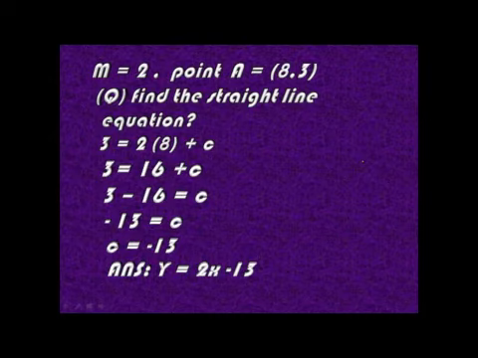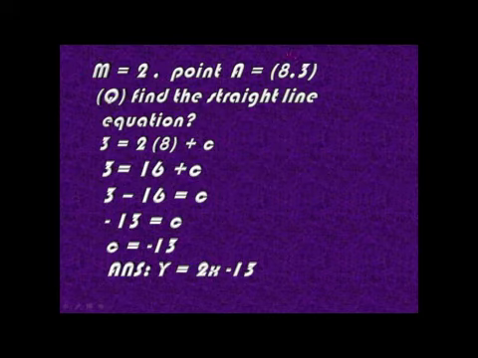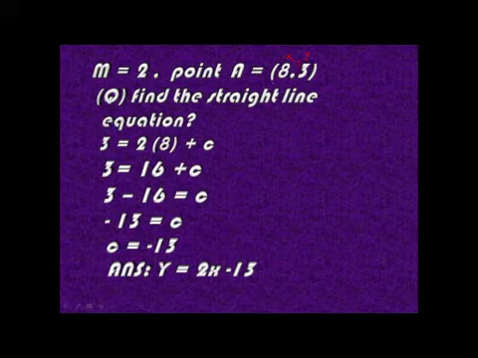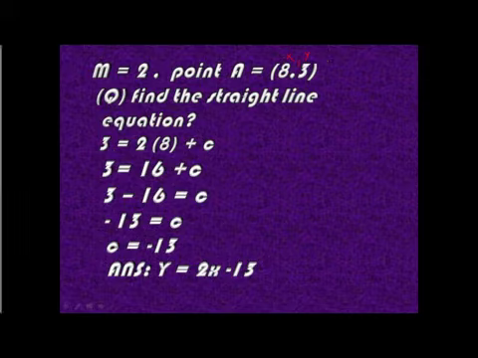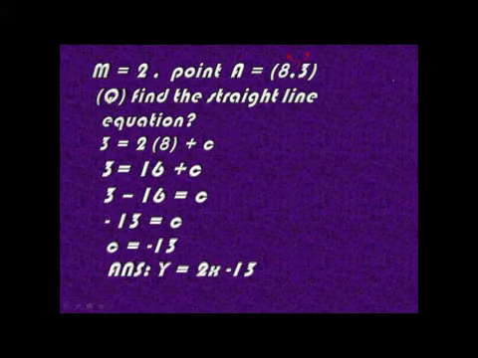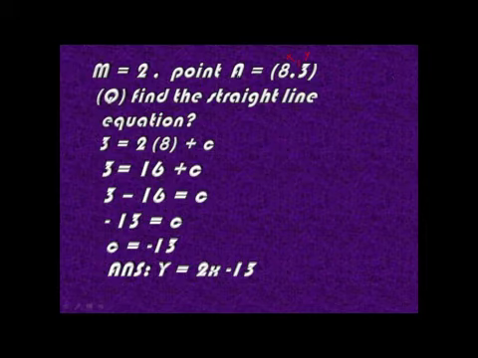Alright, so m is equal to 2, the point A is equal to 8 and 3, the x coordinate and the y coordinate. Okay, I think you have come to this video after knowing the basics of this, because in coordinate geometry you should know the basics, else you can't study coordinate geometry.